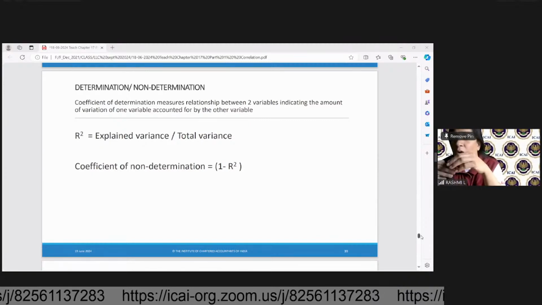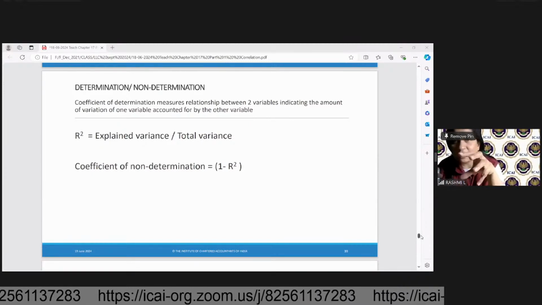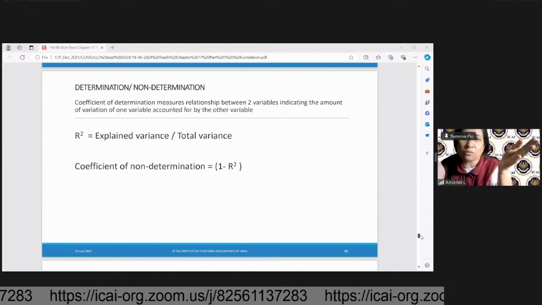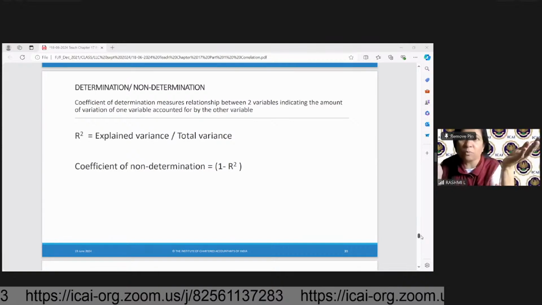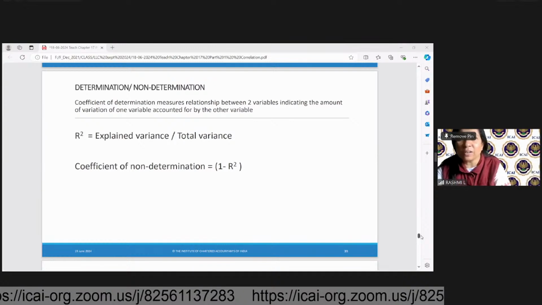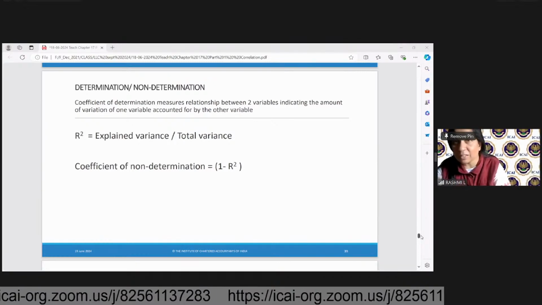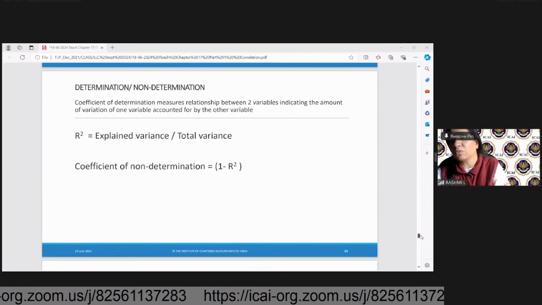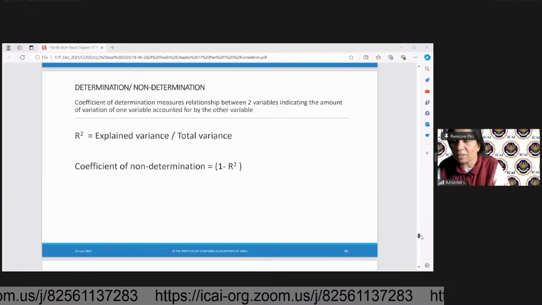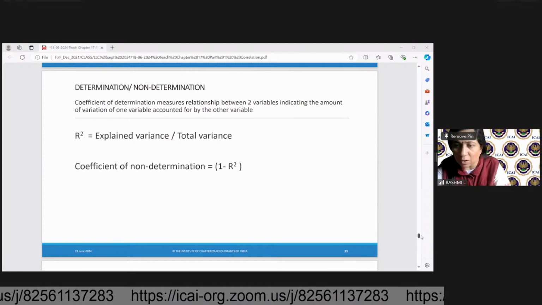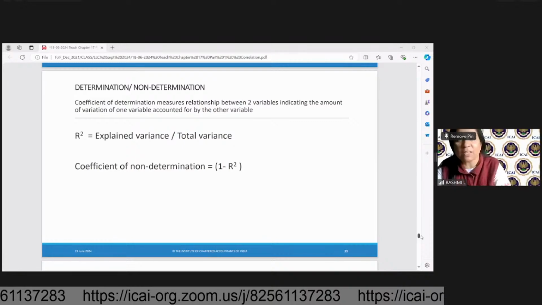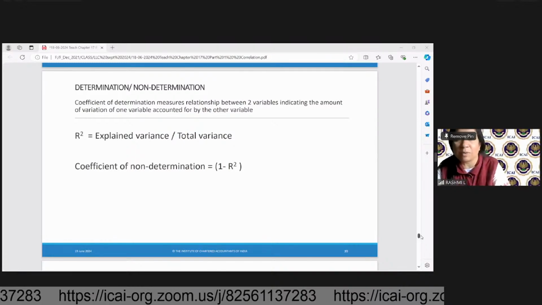Means what? How much of the change can be explained by that very factor and then some part of it we will not be able to explain. That is innately because we are not considering all, we are just considering bivariate data. For something to happen, there will be other factors also, right? So for that, we call what is known as R square, which is called as explained variation. And then we are saying coefficient of non-determination, that is 1 minus R square.